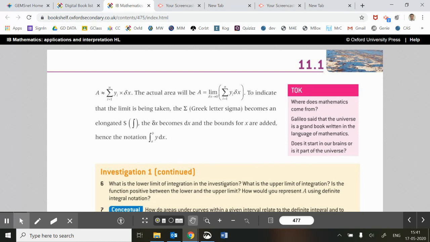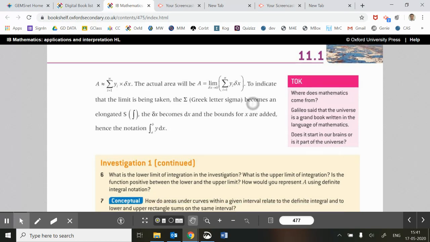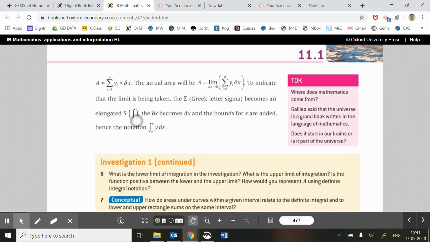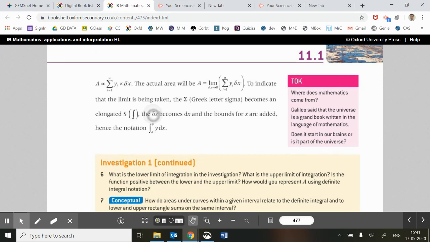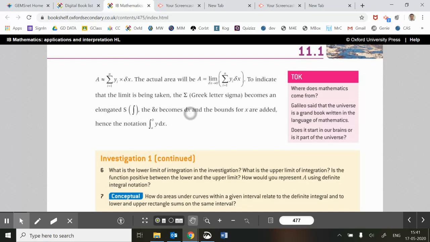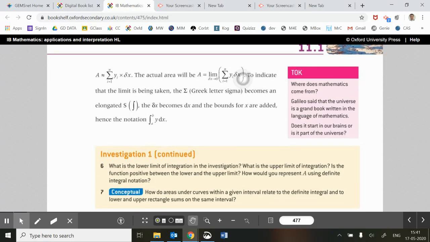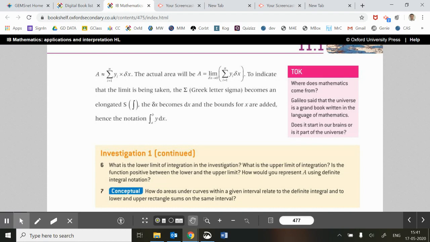Then they say, if we change this limit to an elongated s, the delta x becomes dx. They don't give you a proof for this, but they say that this is the same as this. There is no formal proof here. They're saying, let's write it like this. So we've skipped a formal proof, but we're doing that to get straight onto the questions.